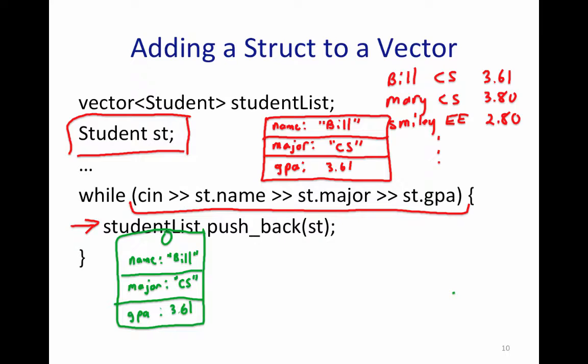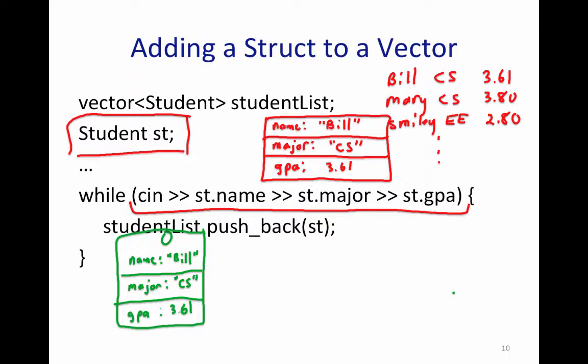Unlike an array, you can't assign one array to another, but you can, in effect, assign one record to another record, one struct to another struct. So after the first iteration, this is what our vector looks like.